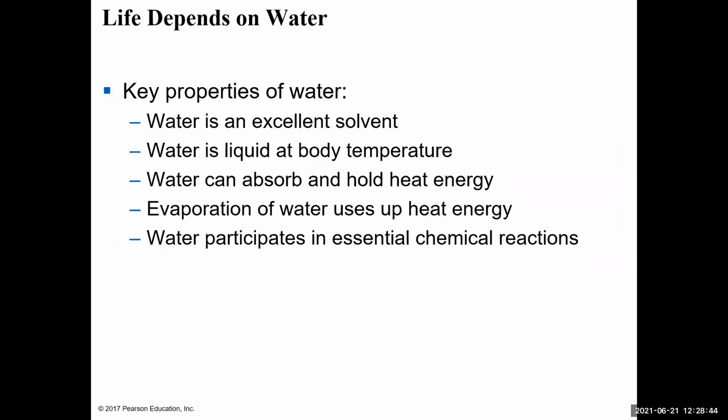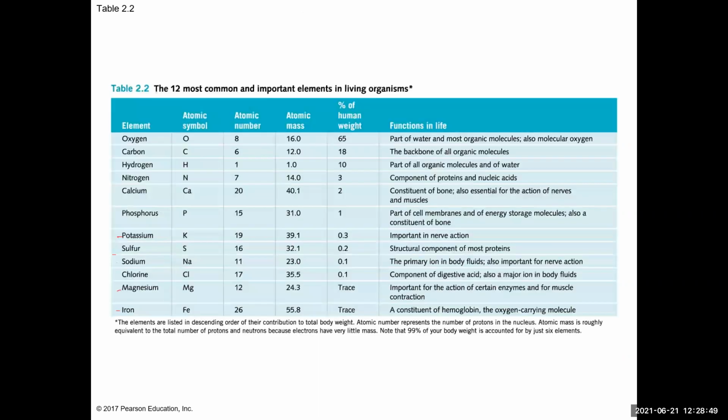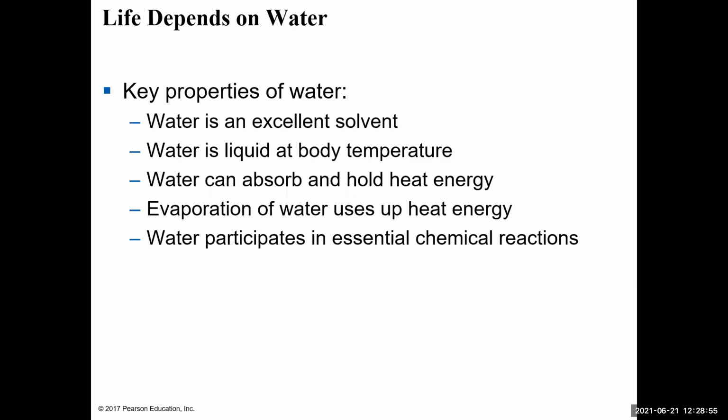Another big component of our body, which comes from 2 of those elements, oxygen and hydrogen, is water. So water is a really big property of living organisms, and water makes a lot of things possible in living organisms. Water, one, is an excellent solvent, so it can dissolve a lot of ions, a lot of molecules.